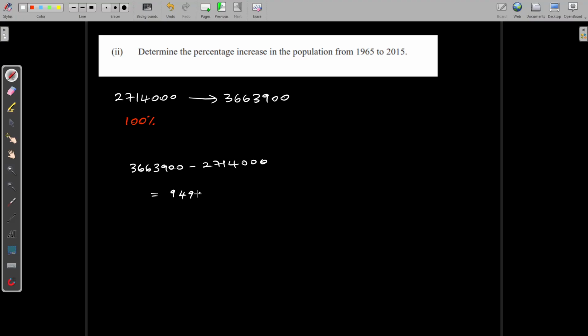949,900. So this would be the number of people that we got the increase from. So what do we put this over to find the percentage increase? 100? Over 100? No. 110,000? Put it over what?